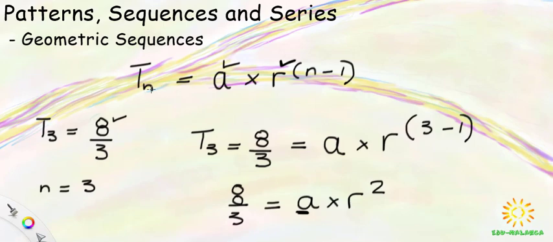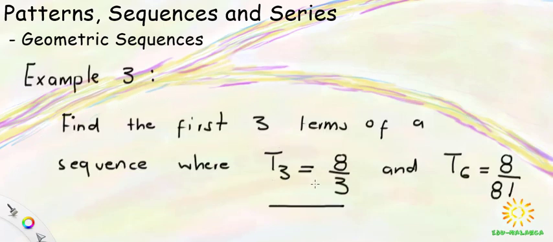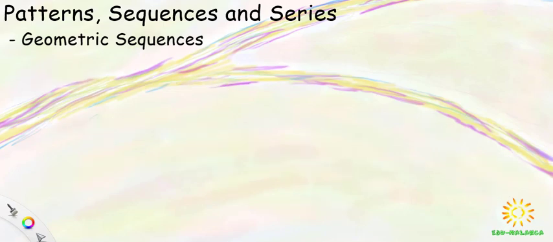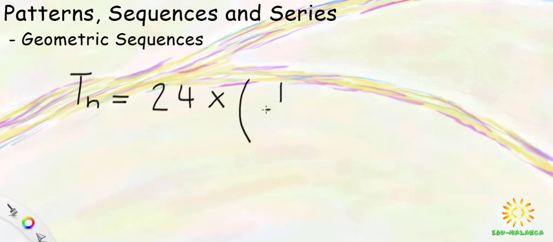We now have the a of the geometric sequence that we didn't know, so we can write down the exact general term of the sequence, where term 3 is 8 over 3 and term 6 is 8 over 81. That general term is Tn is equal to 24, a is 24, times r is 1 over 3 to the power of n minus 1. That's the general term of this sequence over here.